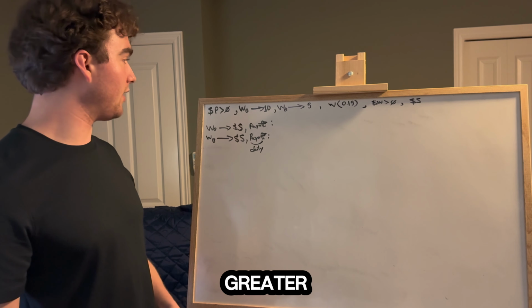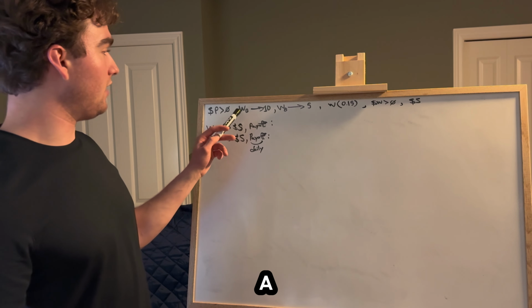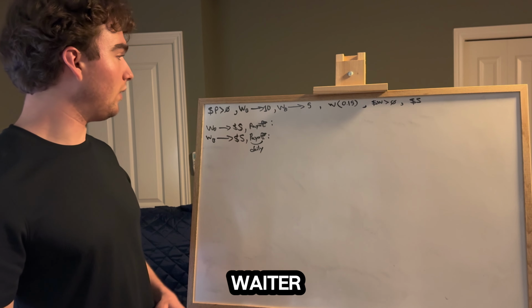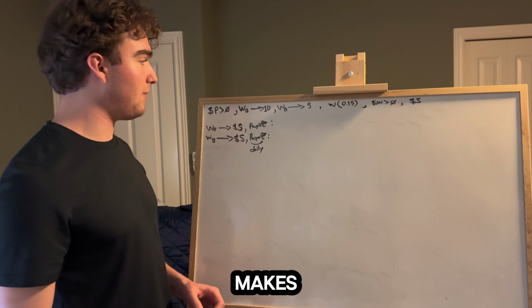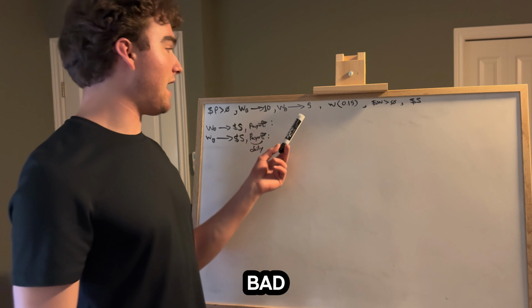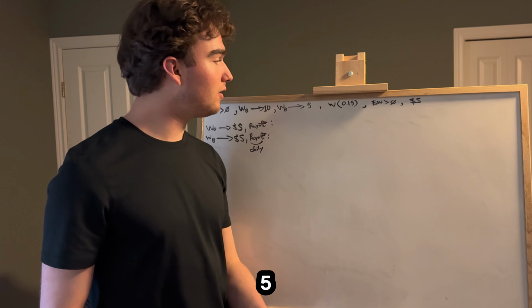It's always going to be greater than 0. A good waiter or waitress makes 10 and a bad one makes 5.